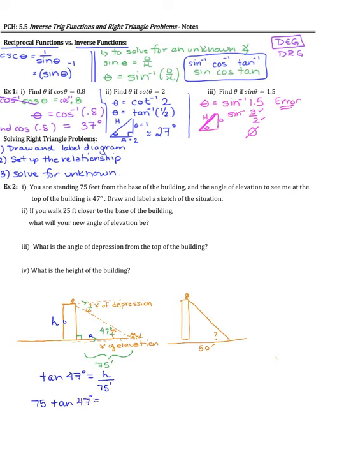I'm still in degree mode. Clear out my error. So 75 tangent 47 gives me about 80.428. We'll just round it there. Feet. Okay, so that's approximately the height of the building.